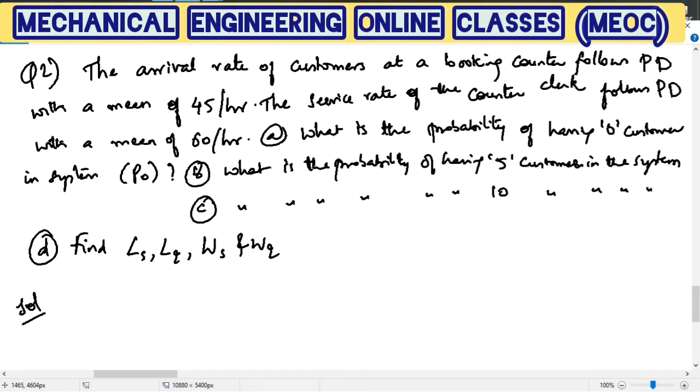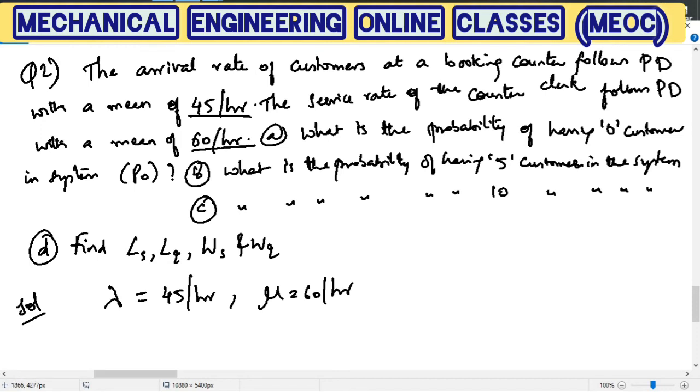So this is the question. Here the given data is not just time, it is the rate. Rate means per time. In the previous problem, time was given directly, and to find the rate we have to reciprocate it. Here straight away the rates are given. So lambda is 45 per hour and mu is 60 per hour.